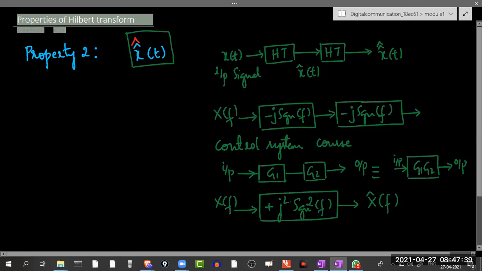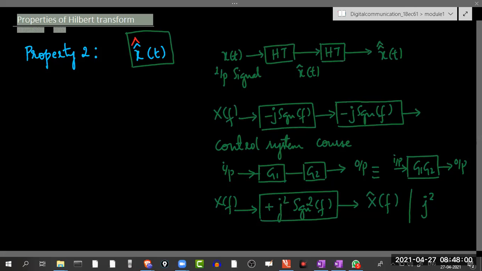Now over here, pay attention. Now here I'm having j square. Tell me, what is this j square equal to? Can I have some answers in the chat? What's the value of this j square? -1. Yes, correct.